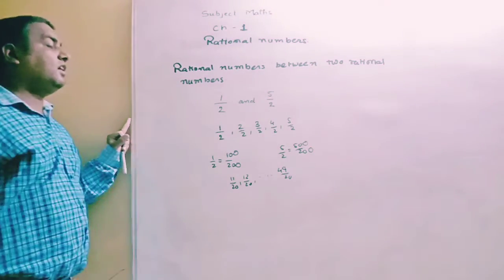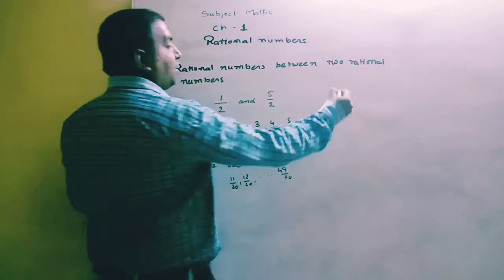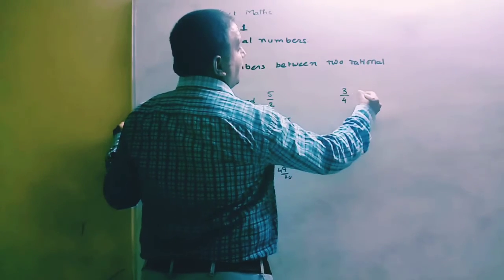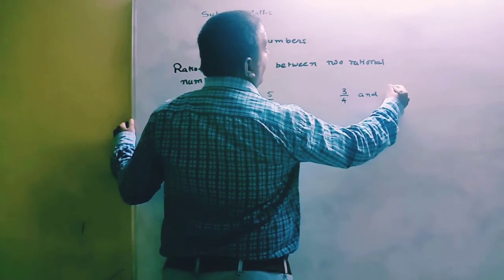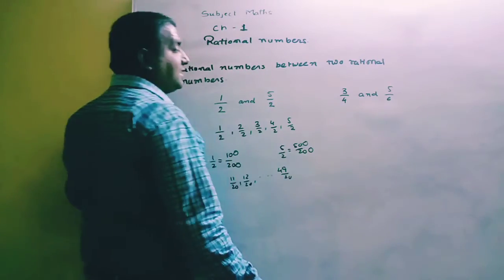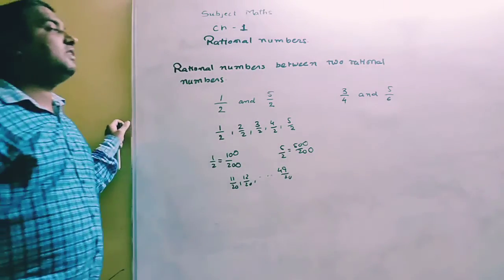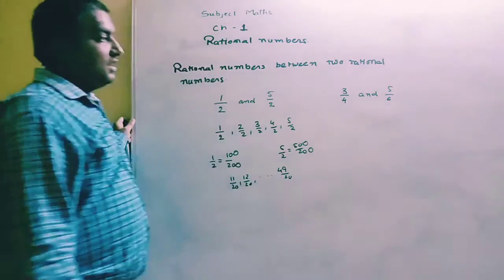Now suppose unlike fractions are given, meaning 3 by 4 and 5 by 6, and it is said to write 5 numbers between these two numbers. Then what to do?